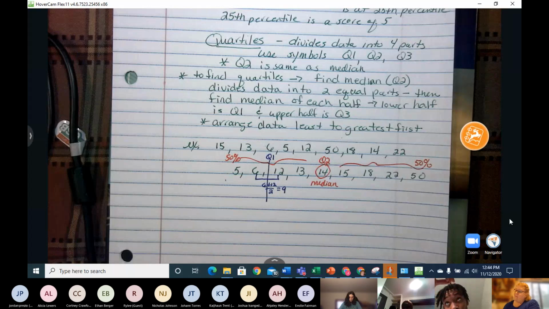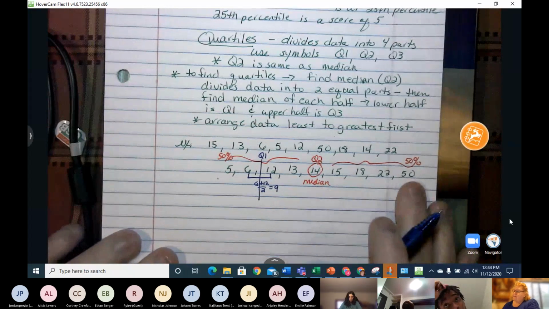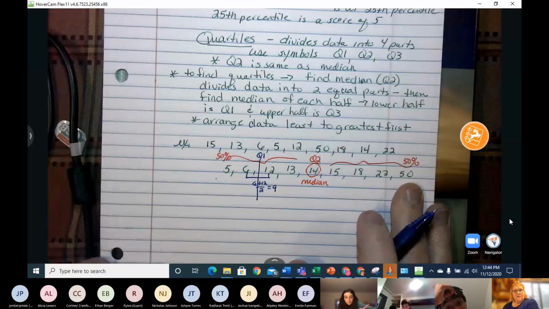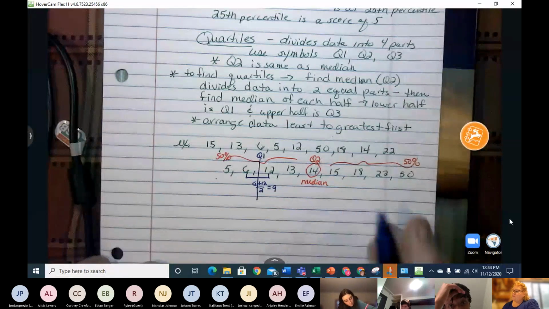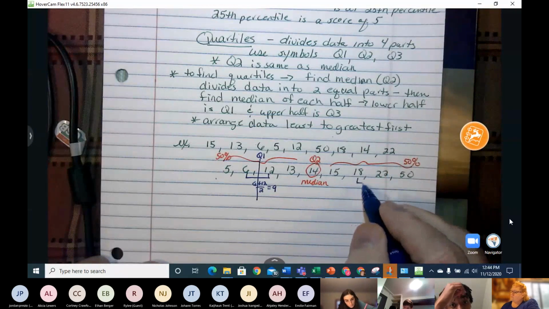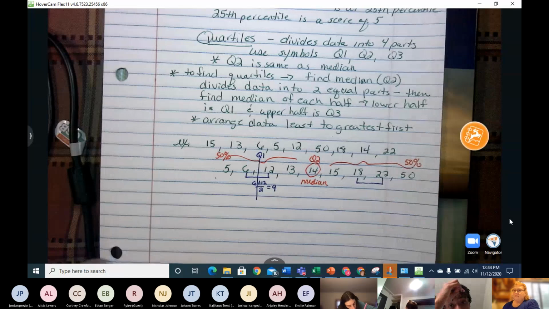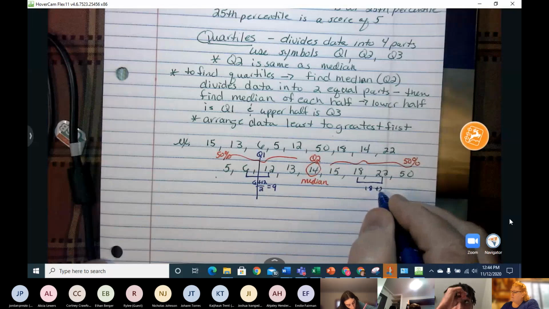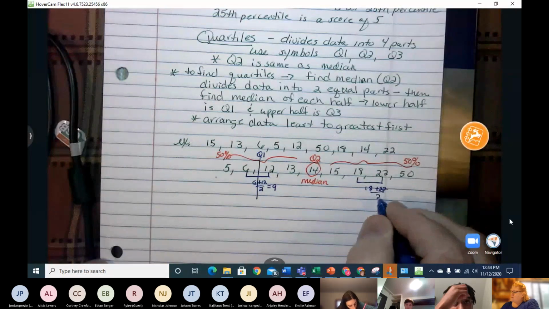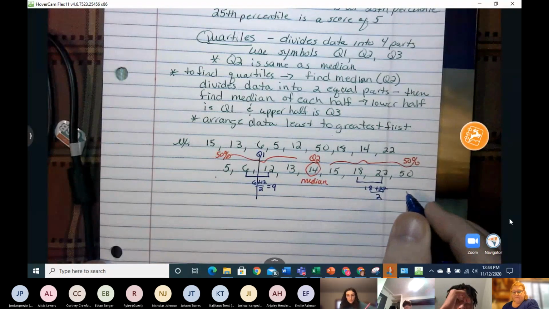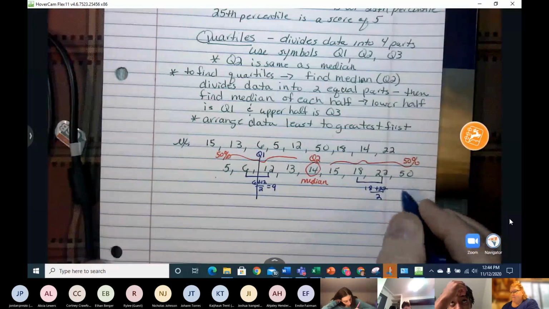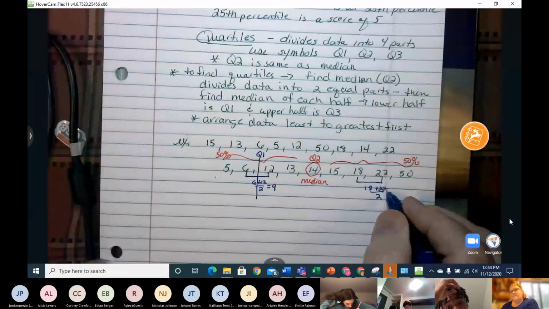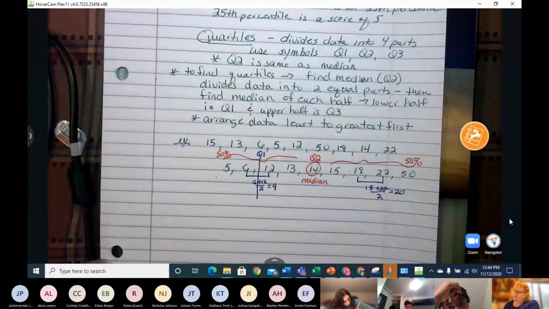On the upper half, same thing, 4 items on the upper half. So the 2 in the middle are 18 and 22. I add them together, divide by 2. That's going to be 40 divided by 2, which is going to give me 20.